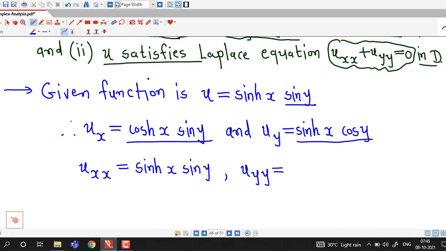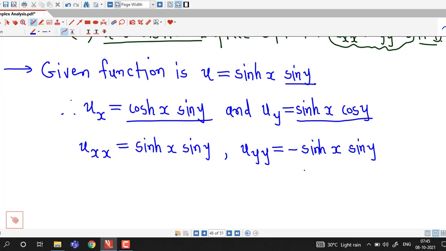Here derivative is with respect to y, so sine hyperbolic x remains as it is, considered as constant, and derivative of cos y is minus sine y, so here we have negative sign. And we differentiate this del u by del x with respect to y also, so here cos hyperbolic x is constant and derivative of sine y is cos y.